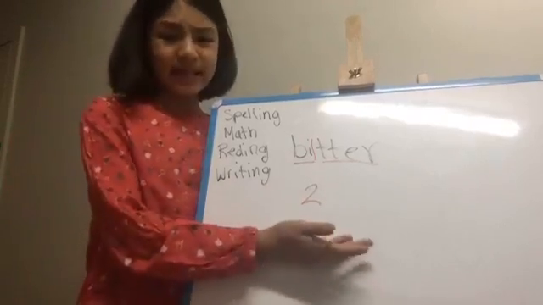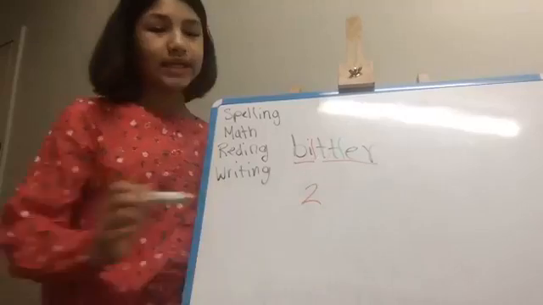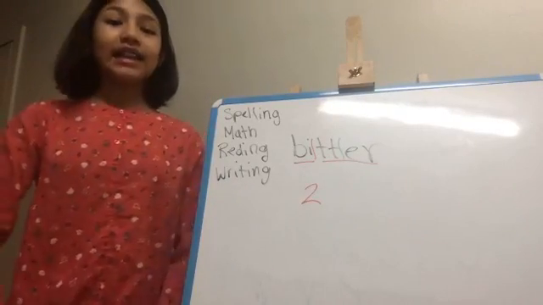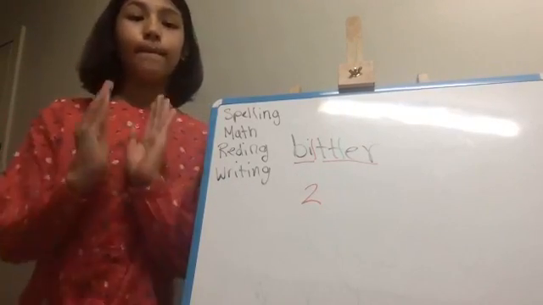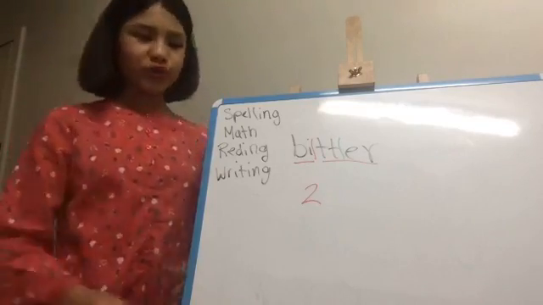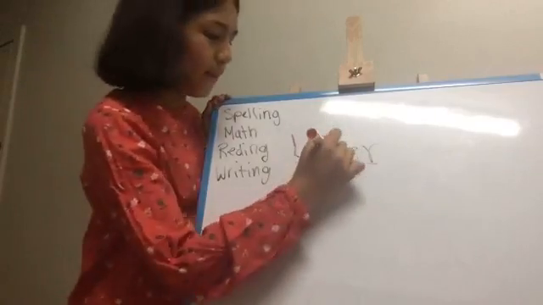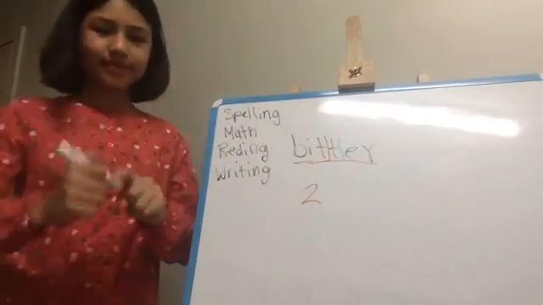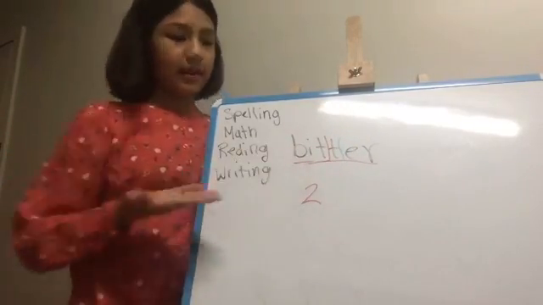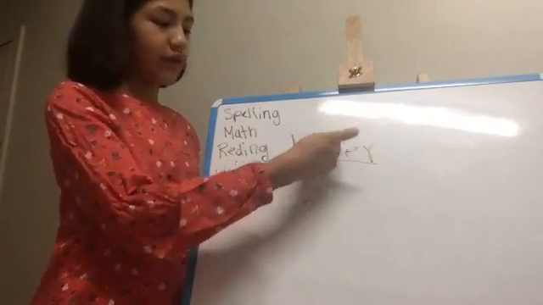As you can see, there are 2 T's. And that's because it's supposed to be bit, then t.